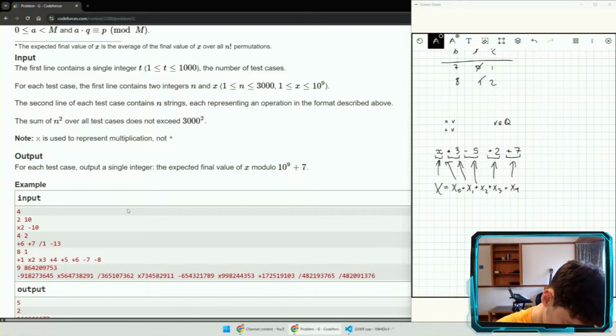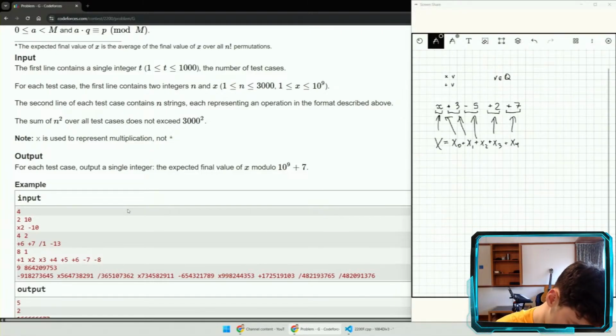But if it happens before, then it'll be something modified. Because of the linearity of expectation, the expected value of this sum is the sum of the expected values. You can prove this.